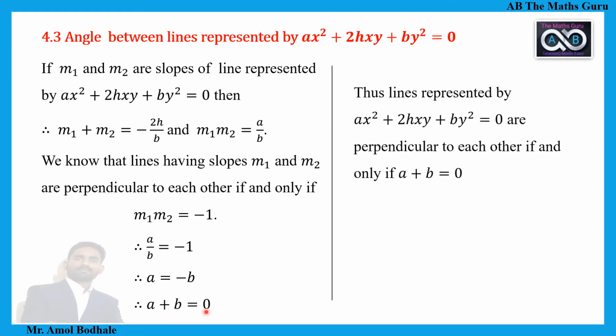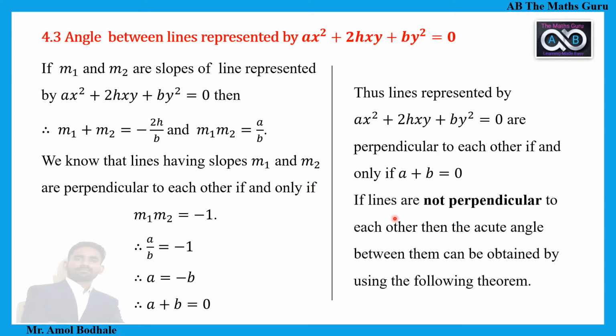Thus the lines represented by ax square plus 2hxy plus by square equal to 0 are perpendicular to each other if and only if a plus b equal to 0. If the lines are not perpendicular to each other, then the acute angle between them can be obtained by using the following theorem.